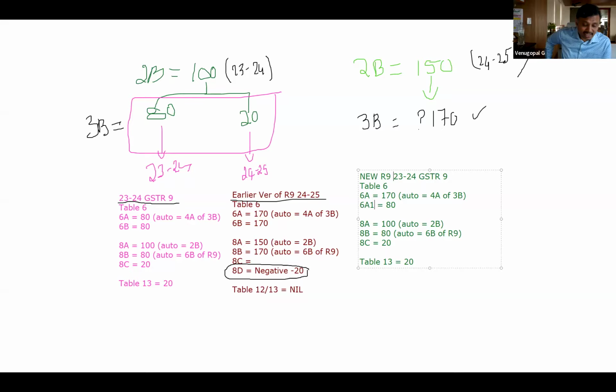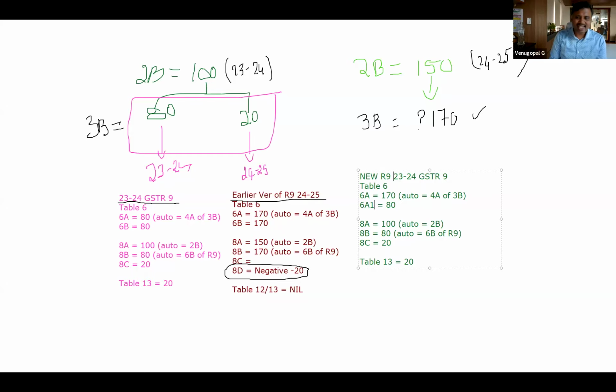They are saying that 6A1 will capture the ITC of the preceding period, which is claimed by the recipient, which is also included in the 6A of GSTR 9.